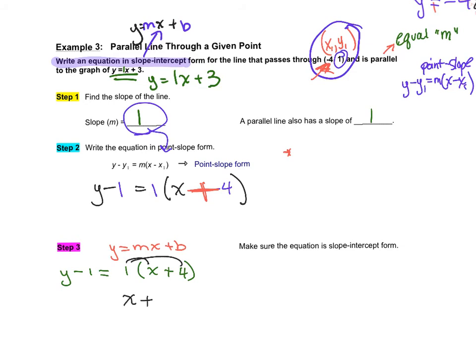It's just 1 times x and 1 times 4. Now I need to add 1 to both sides so that I have it in y equals mx plus b, and I get y equals x plus 5. That's y equals mx plus b.